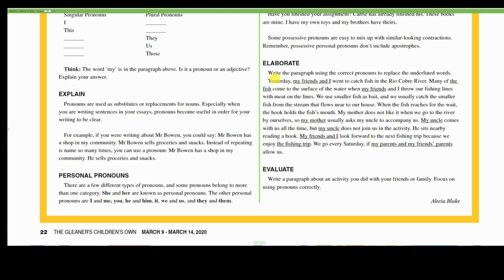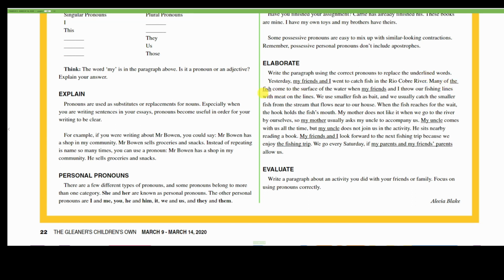Elaborate. Write a paragraph using the correct pronouns to replace the underlined words. Yesterday, my friends and I went to catch fish in the Rio Cobre. So maybe yesterday we went to catch fish in the Rio Cobre.